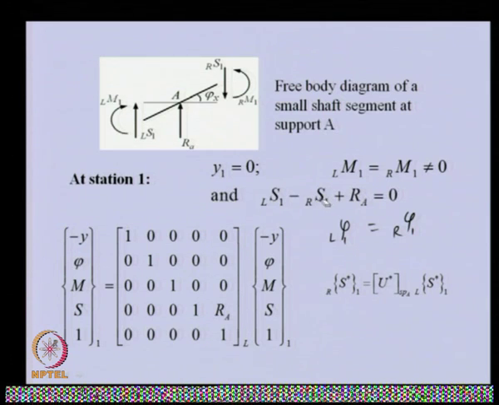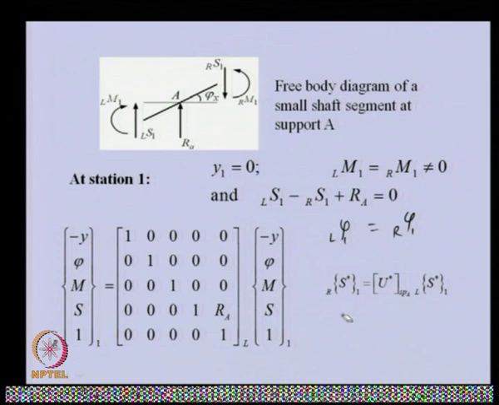So we have included the reaction force inside this matrix, and I am representing this matrix as U star SP, where SP is for support. This transfer matrix transfers the state vector from the left of support at station 1 to the right of support at station 1.